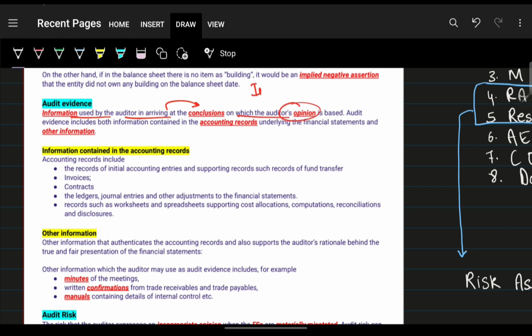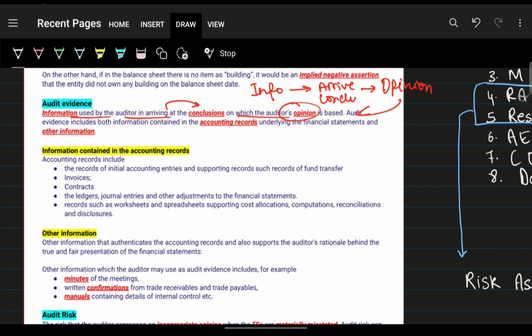So information on which the auditor will arrive at the conclusion, and on the basis of this conclusion, he will express an opinion, right?